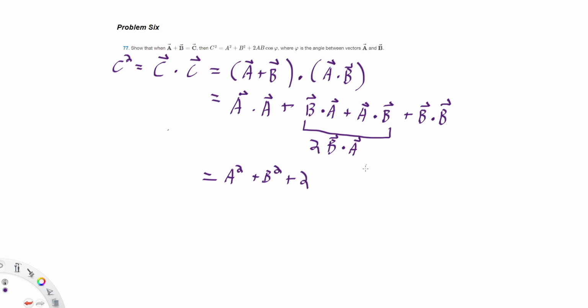And one of the nice properties of the dot product that we covered in class is that when you do the dot product of two vectors, you get the magnitude of one times the magnitude of the other times the cosine of the angle between them. And that is exactly what the problem asks you to show. So this is like the law of cosines for dot products.